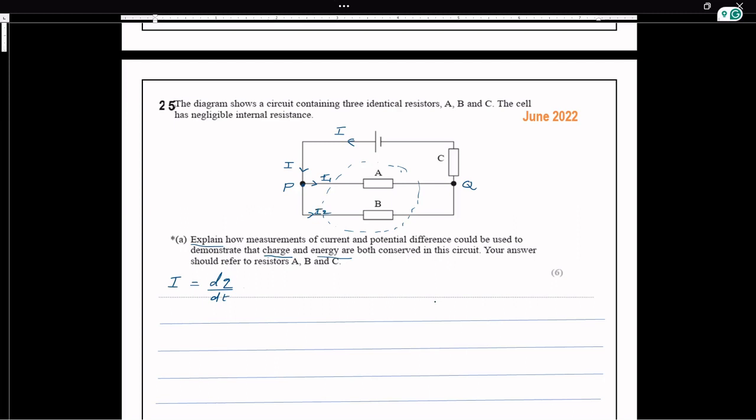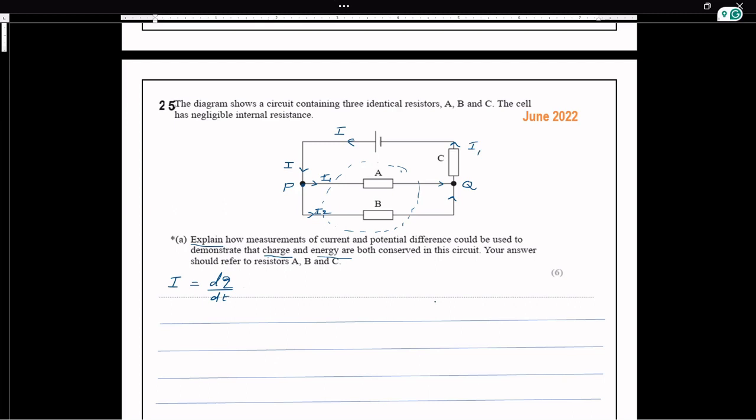So currents I1 and I2 are entering A and B respectively. Then at junction Q, these two currents I1 and I2 join together, and it flows as I again, ending up at the cell.